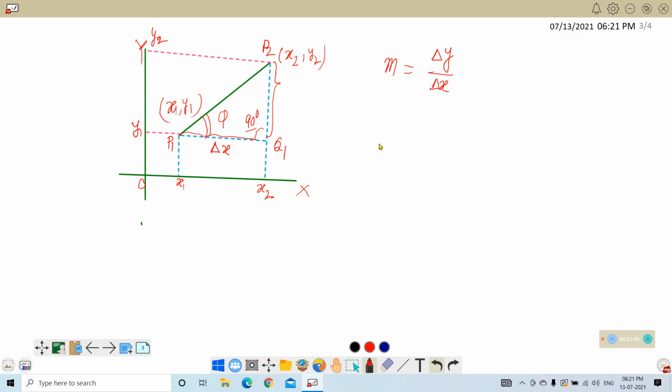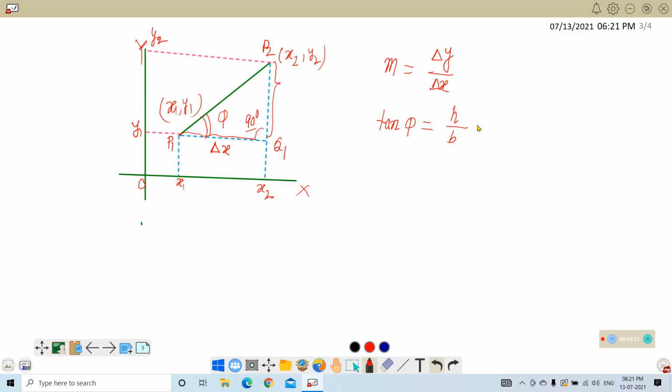Then we can say from trigonometric knowledge, tan phi, tangent of phi is equal to height by base. According to the previous discussion, rise by run. Okay.